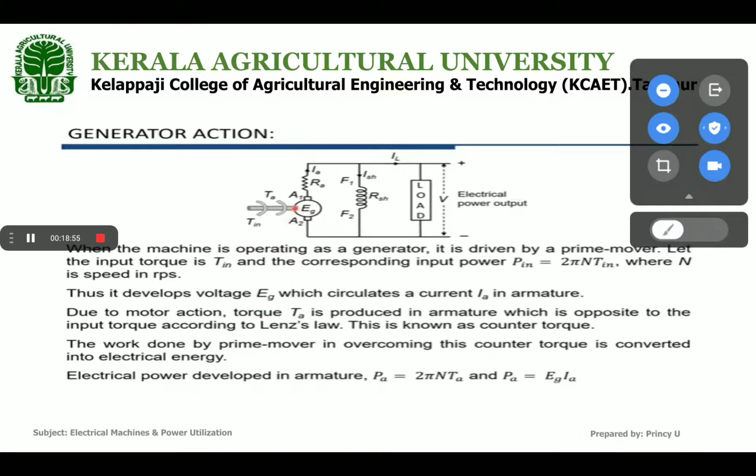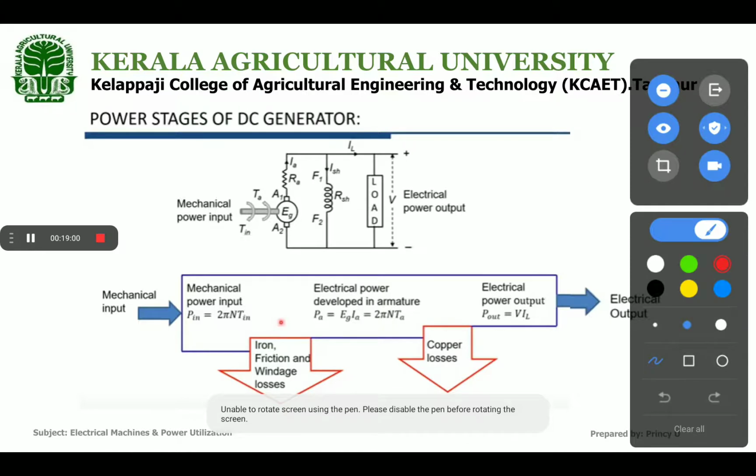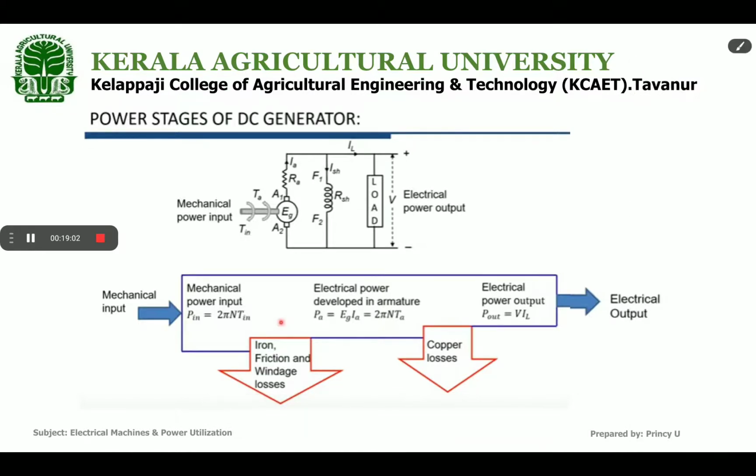Now we can represent the power stages of this DC generator. We know that mechanical power is converted into electrical power. When the prime mover gives the input torque to the armature, mechanical input is given to the DC machine. So the mechanical power input can be represented as P in is equal to 2 pi n T in.